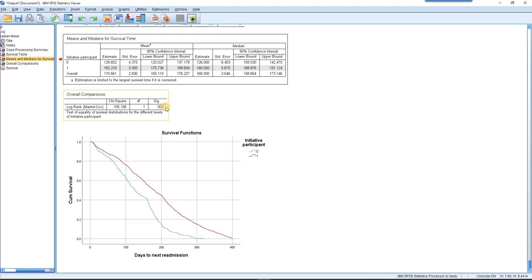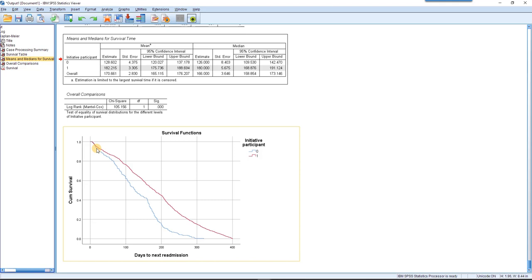All right, so the last part here is the survival function chart. This is important because you can take a quick glance at this chart without looking at any of the other data presented by the Kaplan-Meier test.